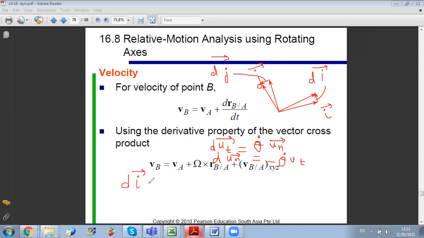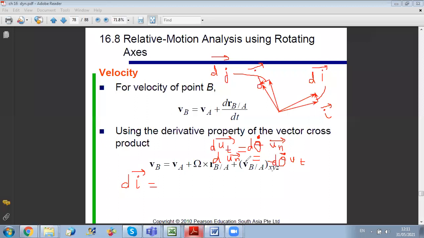dI is equal to, as you can see in the figure, dI is parallel to J, and it's theta dot J. Okay, so, sorry, just a moment. dUT is d theta UN, not theta dot, because only when we divide by dt it becomes theta dot.